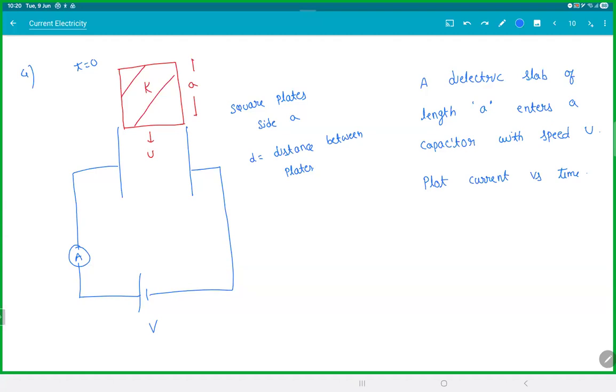Okay, but how will the graph look somewhere? There is a trap there. Yeah, right. That was a trap.